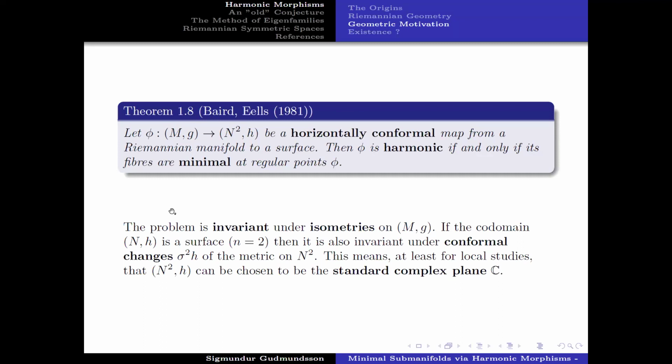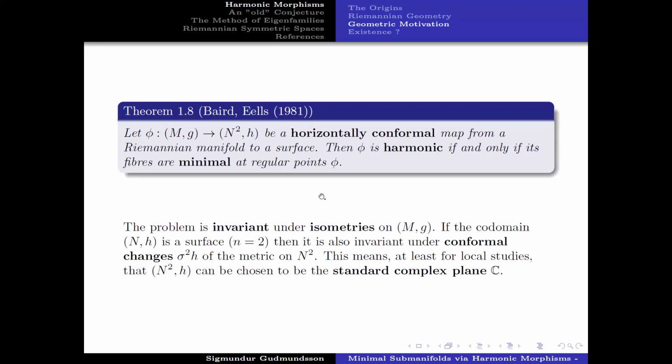So the problem is invariant under isometries of M. That is nothing new. If the codomain is a surface, then it's also invariant under conformal changes of the metric here. This is very similar to when you're studying minimal surfaces, where you know that the problem is invariant under isometries of the image manifold.